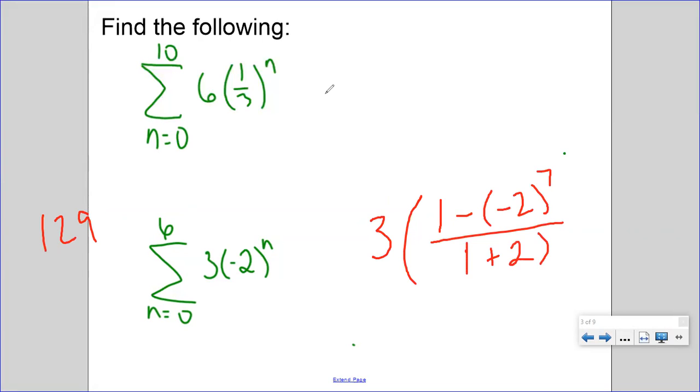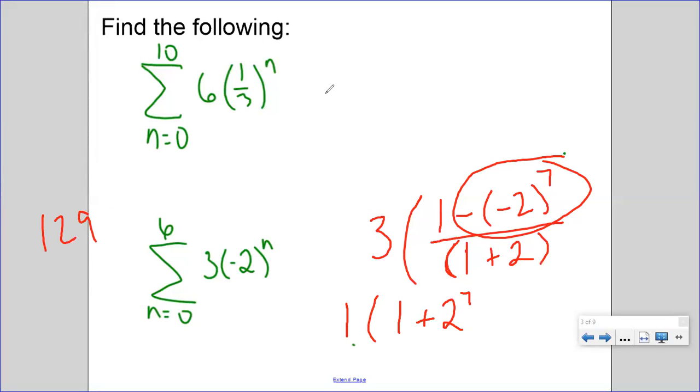Because it's technically 1 minus -2, so that'll cancel each other out. This gives us 1 times 1, and then this is going to become positive, right? Minus a -2 to the 7th becomes 2 to the 7th.